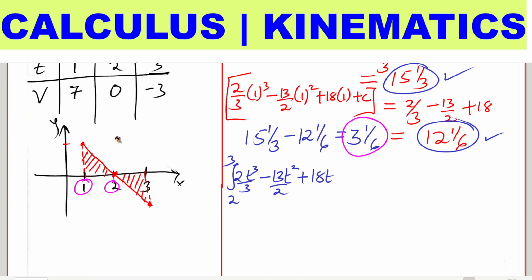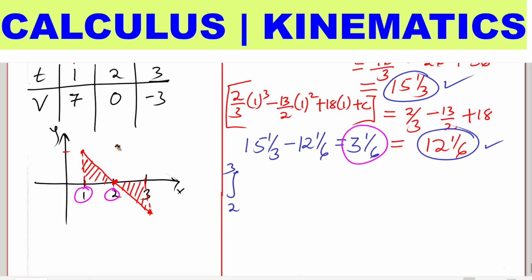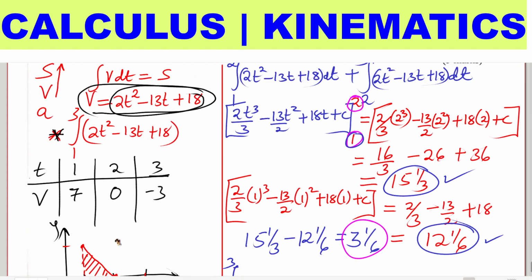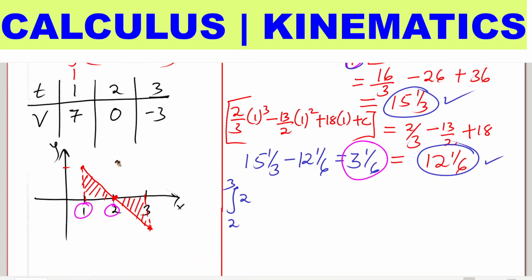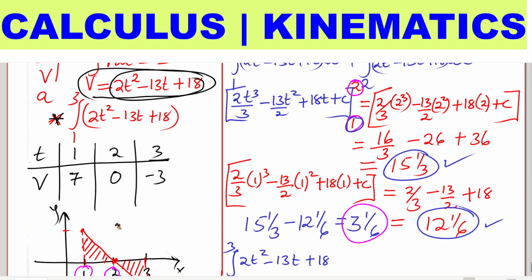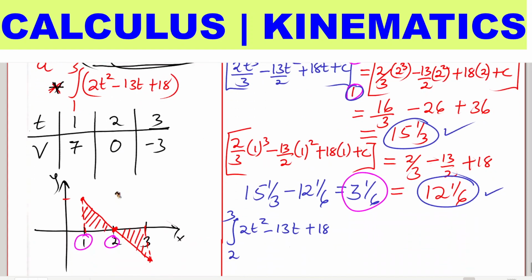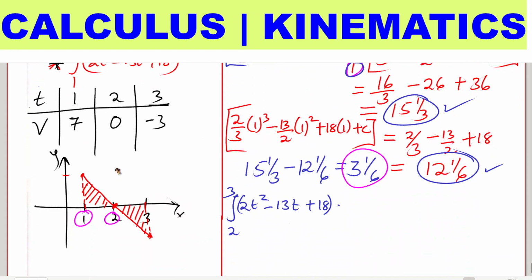I'm sorry, I just did the direct integration. Let me first write whatever we are supposed to integrate. So you're supposed to integrate 2t squared minus 13t plus 18. That is velocity. That is what you're supposed to integrate with respect to t.